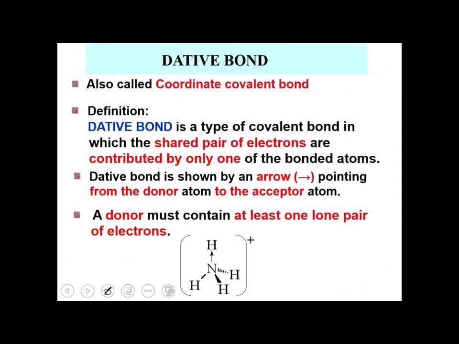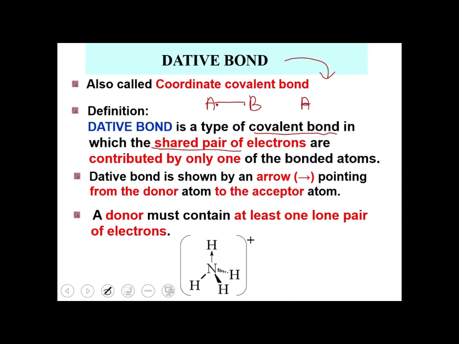Dative bond, also called coordinate covalent bond. Actually, a dative bond is a type of covalent bond as well. Okay, so they are covalent bonds, involving sharing of electrons. But in a normal covalent bond, if A wants to bond with B, meaning that A gives 1 electron, B gives 1 electron, and they share the electrons. So this is a covalent bond. But in dative, A will not bring any electron.